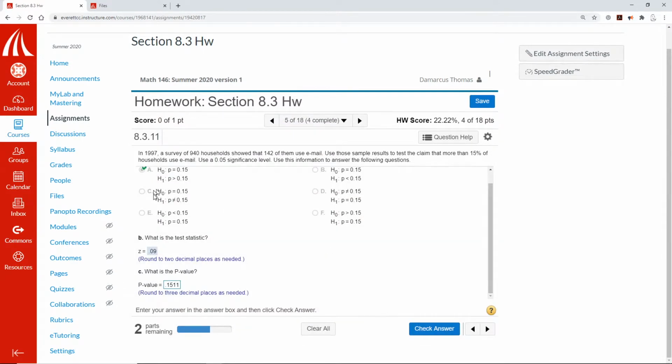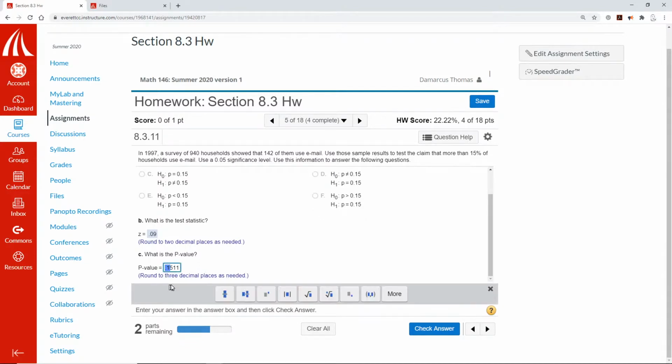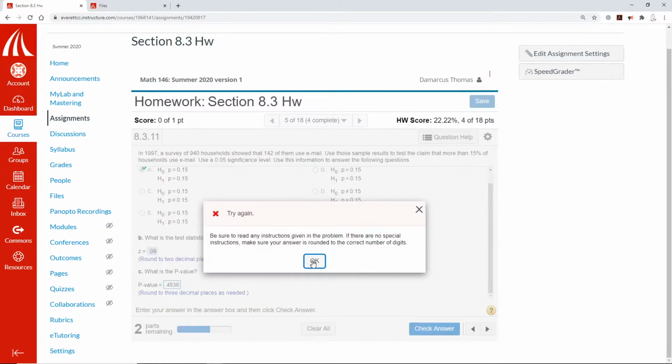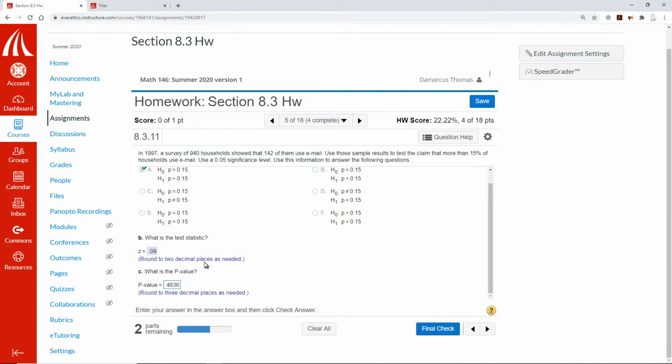Our p-value is actually, hold on, that's our sample proportion. Our p-value is 0.4636. Oh, they want 3 places?